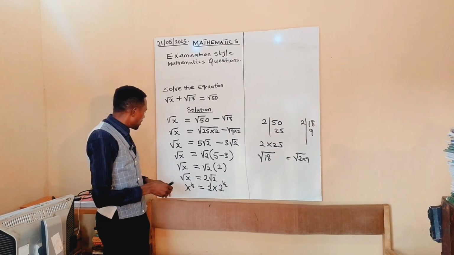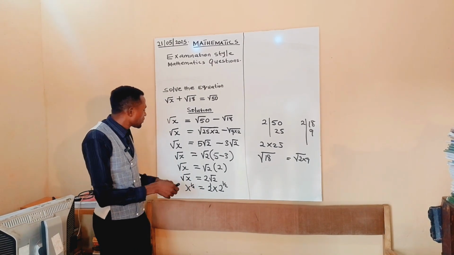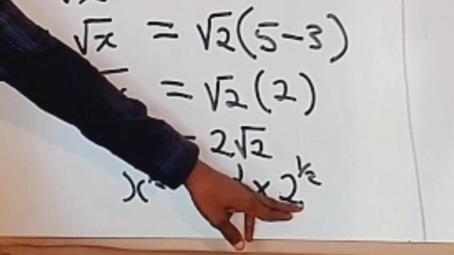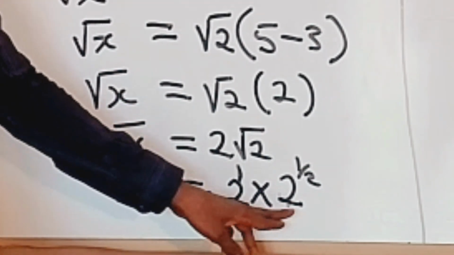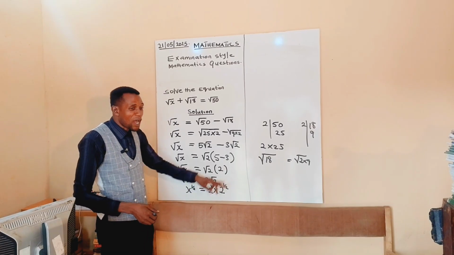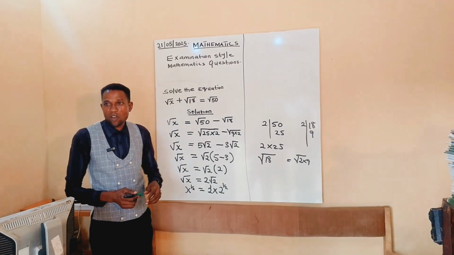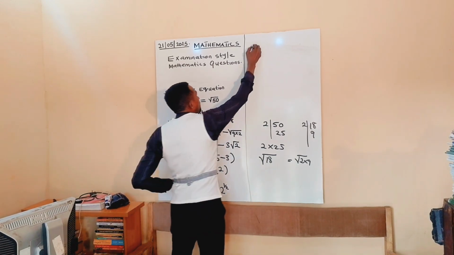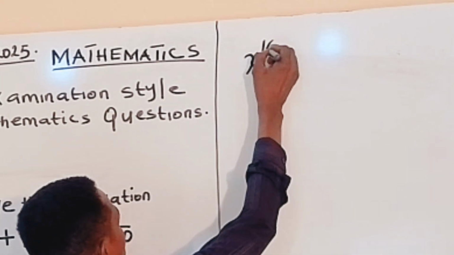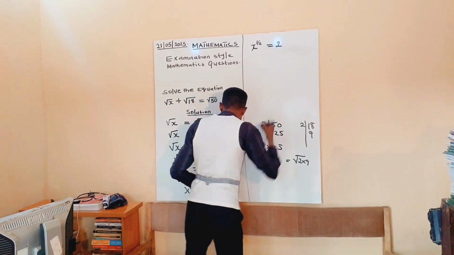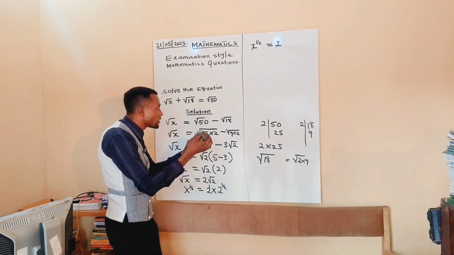Having done this, the next thing we are going to do is to consider the base. As you can see, the bases are the same. The base here and this one, they are the same. So you are going to pick one from the first law of indices, the addition law of indices. Then what happened to the power? We add.